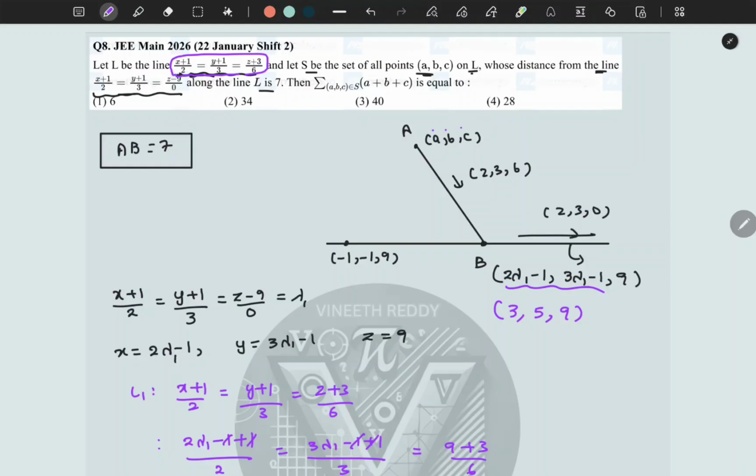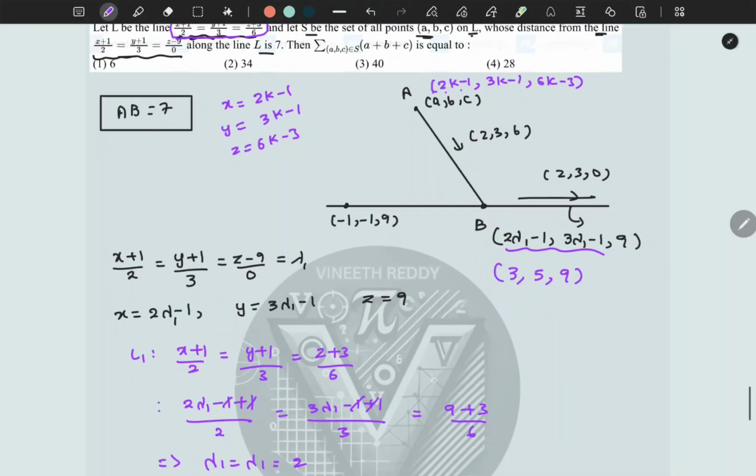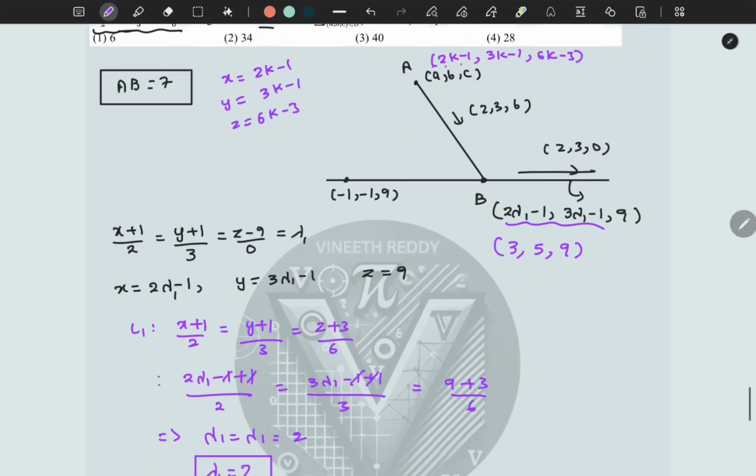So we will assume a point on that line, and equate this to, let us say, k. So we can write x as 2k minus 1, y will be 3k minus 1, and z will be 6k minus 3. So instead of A, B, C, we'll write 2k minus 1, 3k minus 1, and 6k minus 3. So now we have a single variable. I think the game will be very, very easy now.